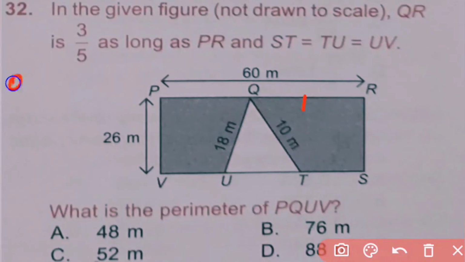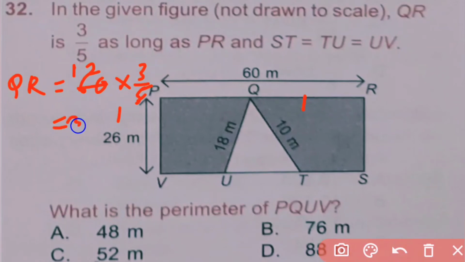So QR is equal to PR, 60 into 3 by 5. 5 ones are 5, 1 remaining, 5 twos are 10, and 12 into 3 is 36. So QR is equal to 36. This total length is 60. QR is 36, means PQ is 60 minus 36, 24.